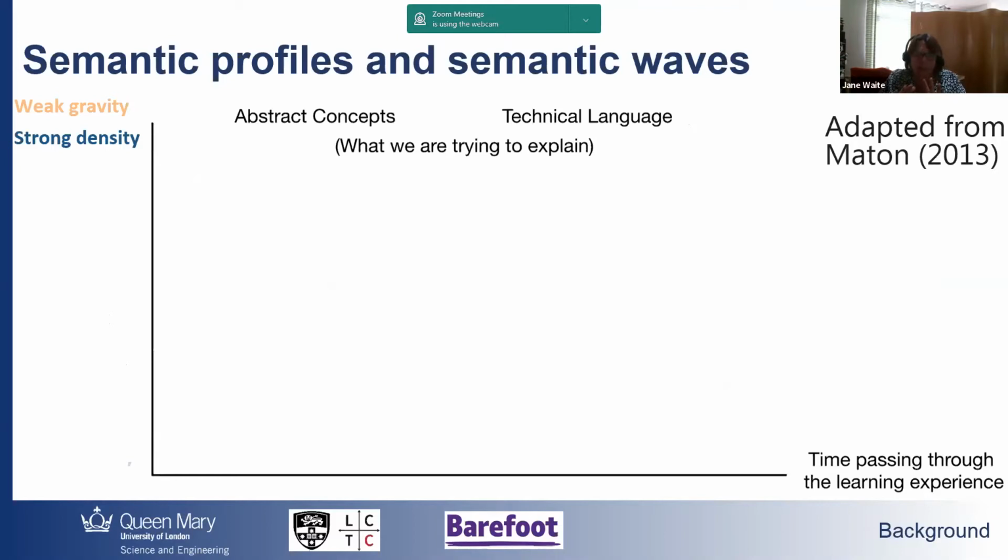In order to explain a little bit more about semantic waves and semantic profiles, what you do is draw a semantic profile. It's a way to express density and gravity by drawing something. At the top of the graph, where it's got weak gravity and strong density, what that means is, if it's weak gravity, I'm just talking generally about cats.